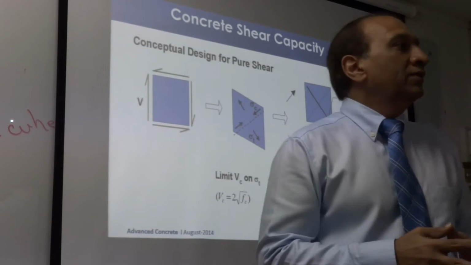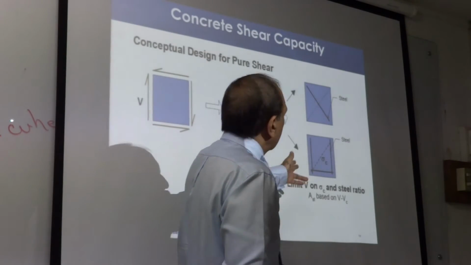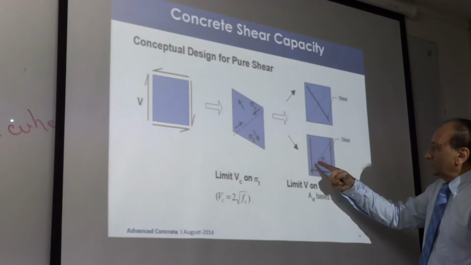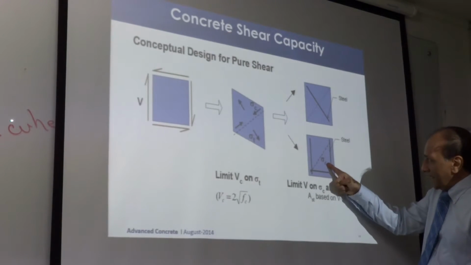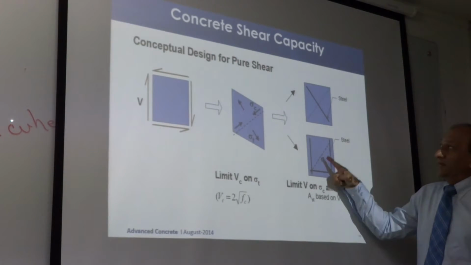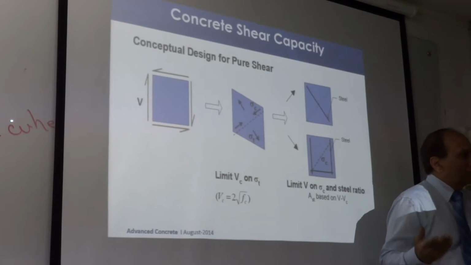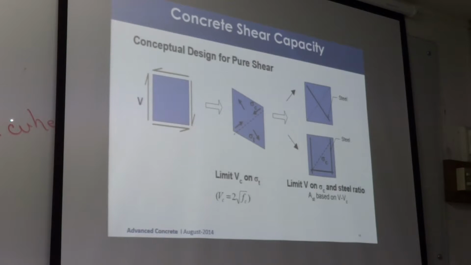And now we don't use diagonal bars anymore. We use stirrups like this and stirrup spacing. So the number of stirrups crossing this crack is calculated based on the total force you need, and then you take a component of that, and then you're done. Right? That's all we are doing. Shear design is only that.